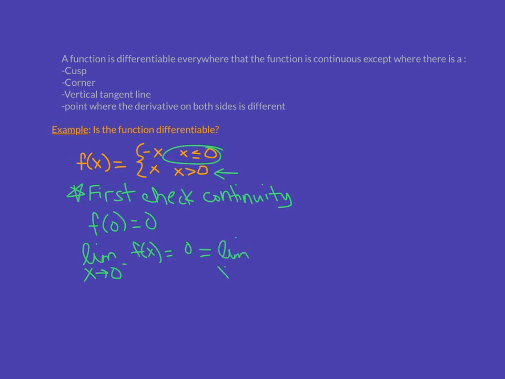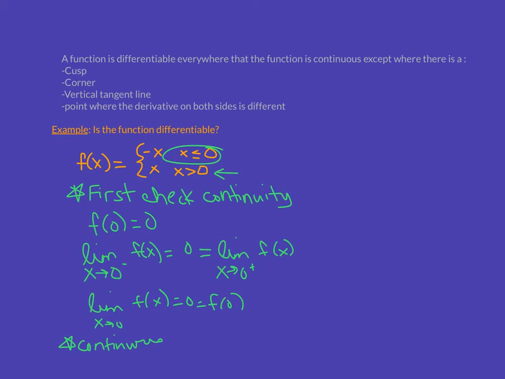So the limit as x approaches 0 from the right is also going to be 0. That means that the limit overall of f of x is equal to 0. And that's also equal to f of 0. So it is continuous. So we're good there so far.